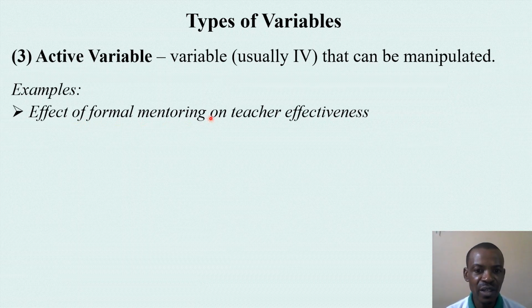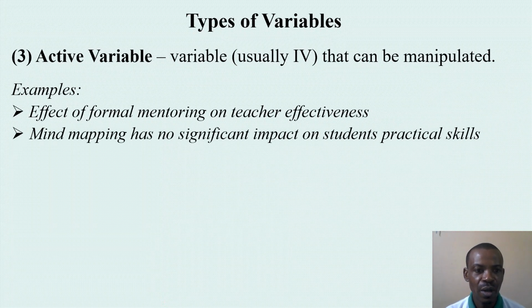Formal mentoring is a variable you can manipulate for teacher effectiveness to change. That means if you give teachers formal mentoring, their effectiveness at work will change, either increase or decrease as the case may be. So formal mentoring is said to be an active variable.